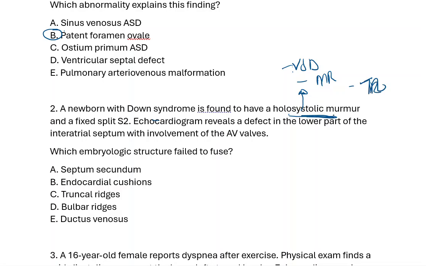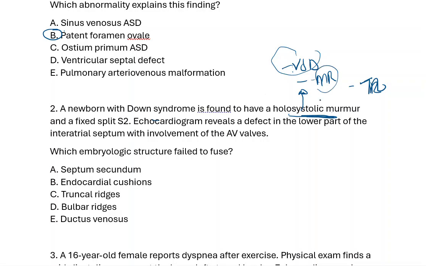If they tell me it's a holosystolic murmur at the sternal border, then I'm thinking this could be VSD, right? If I'm hearing a holosystolic murmur at the fifth left intercostal space radiating to the axilla, then that could be mitral regurgitation.